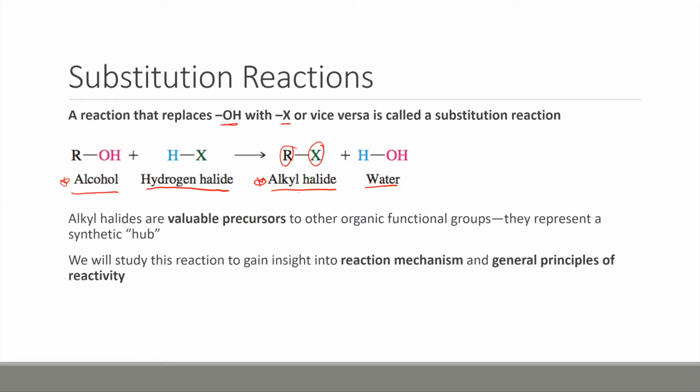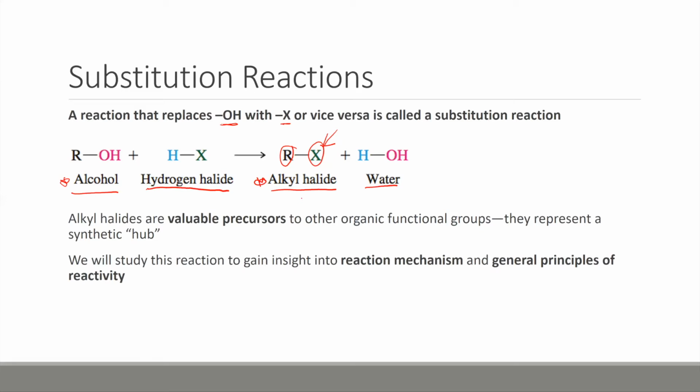The reason is because alkyl halides are valuable precursors for other functional groups. They represent what we call a synthetic hub, meaning that if we make an alkyl halide, it's easy to then do further reactions on this halide and change the molecule further.